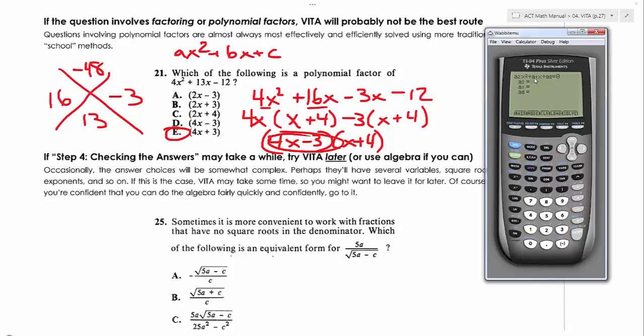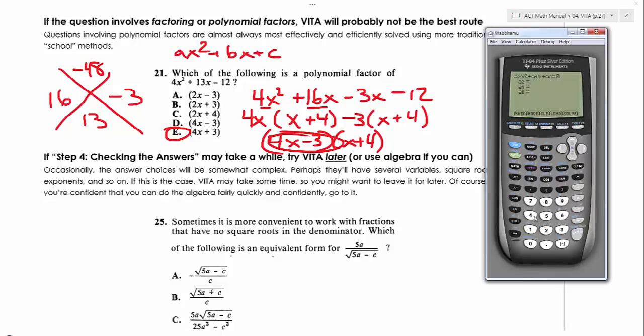Now you can see the app is asking me for my coefficients. A2, A1, and A0 are just the a, the b, and the constant. A2 is the coefficient in front of the squared term, A1 is in front of the linear term, and A sub 0 is the constant.